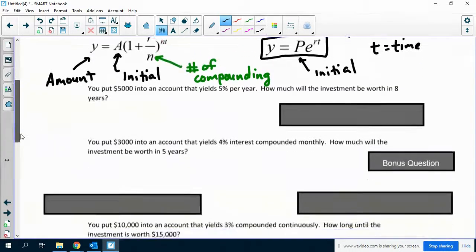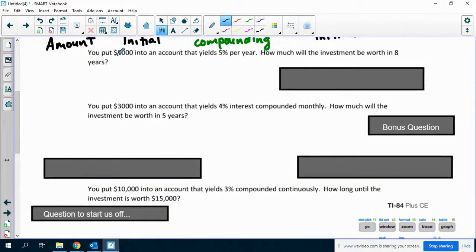So now let's do some example problems. You put $5,000 into an account that yields 5% per year. This is not compounded, so we can just use our regular formula. Y equals 5,000 times 1 plus 0.05 to the 8.